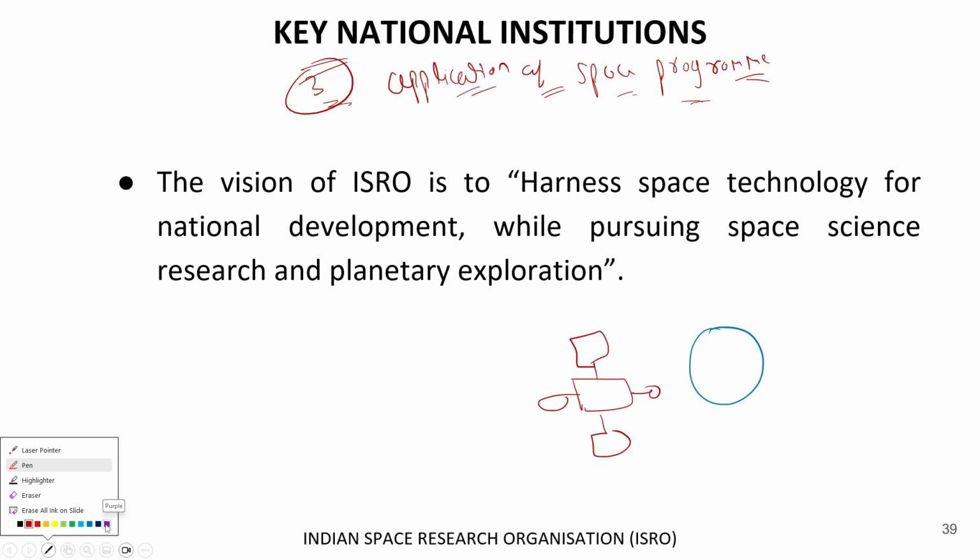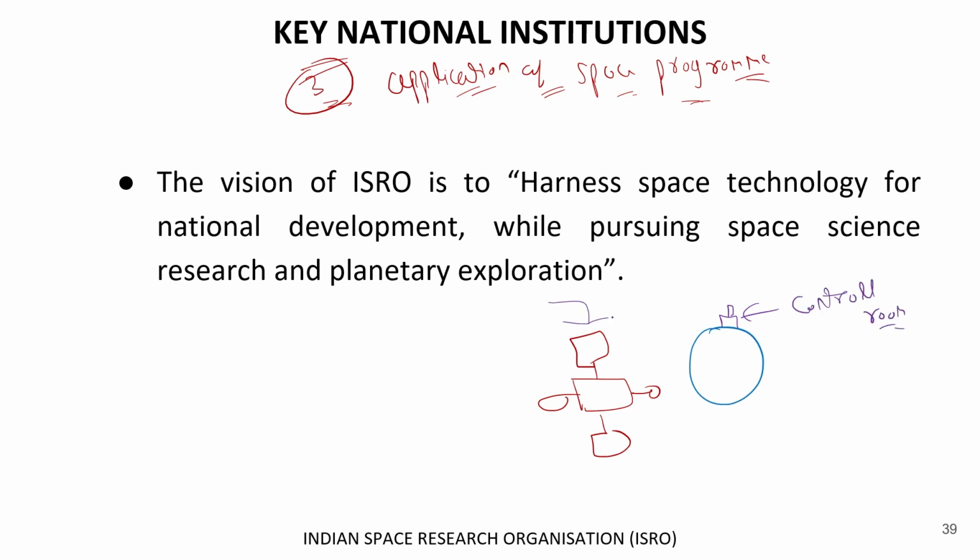The operator who is sitting in the control room on the earth is communicating with the satellite which is in space. It means that there must be some application or way to communicate with the satellite, to give instructions to the satellite, and to gather complete information from the satellite. So this is the application of the space program, which is the third distinct feature.